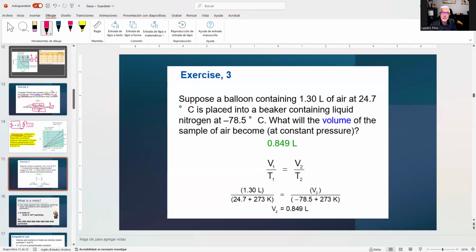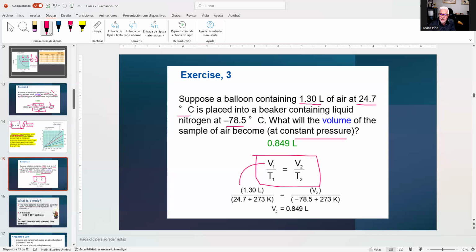Well, look at this. Here we have a problem. The balloon contains 1.30 liters of air at this temperature, and it's placed into a beaker containing liquid nitrogen at this temperature. Oh, the temperature decreases. What will the volume of the sample of air become? Well, the pressure is constant in this case. Then you use this formula.